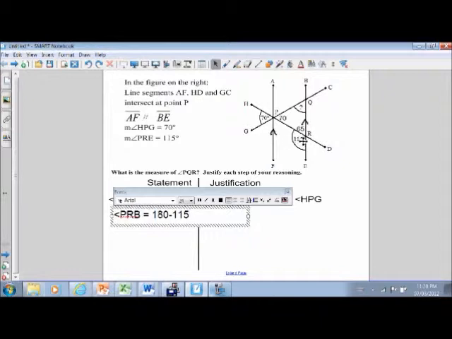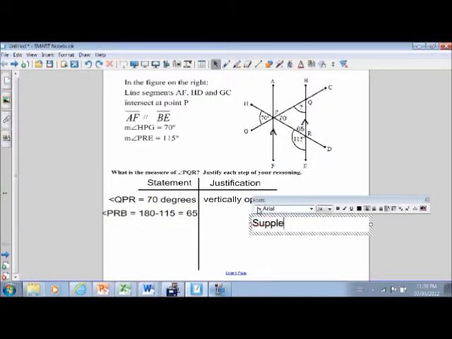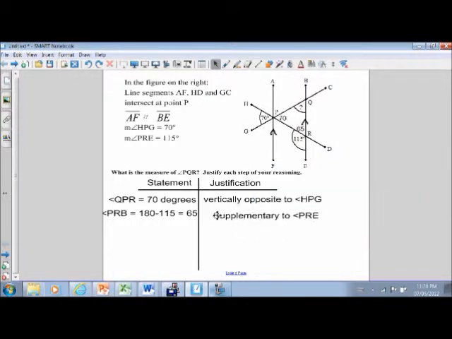Since there's 115 degrees over here, the rest of it must be on the other side, and that gives us 65. Again, I'm not going to bother writing out degrees here. It's an angle, so it's obviously going to be in degrees. And what was our justification? We said it was supplementary to angle PRE. We could also say angles that form a straight line are supplementary. Most of what I use here is abbreviations for longer statements that we've looked at in class.